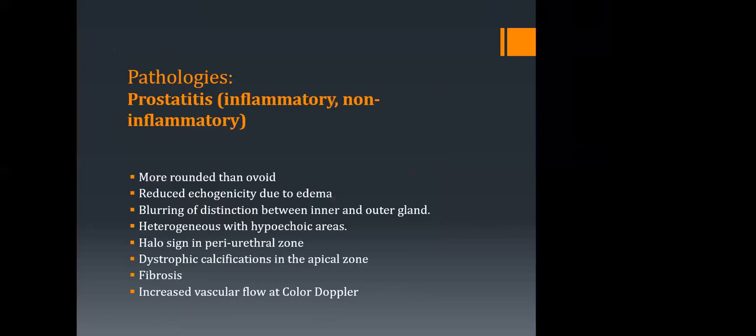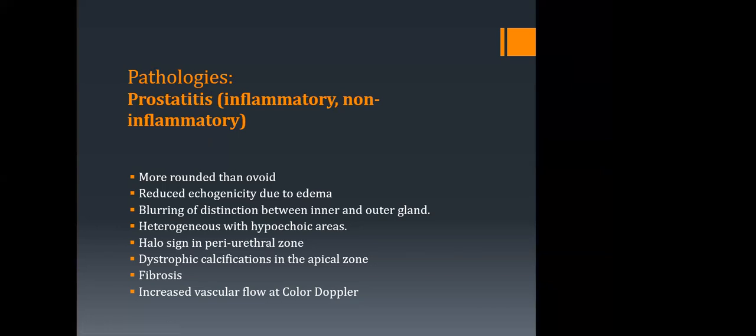What are the common pathologies we get to see for the prostate? The first one is prostatitis. And this one is divided into two. Sometimes it could be inflammatory, or it may not be inflammatory. Now, we are used to this word, itis, meaning inflammation.